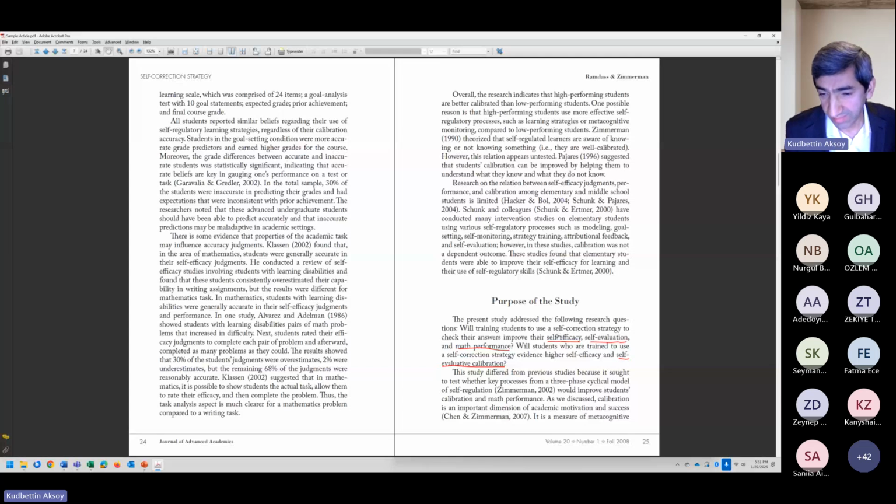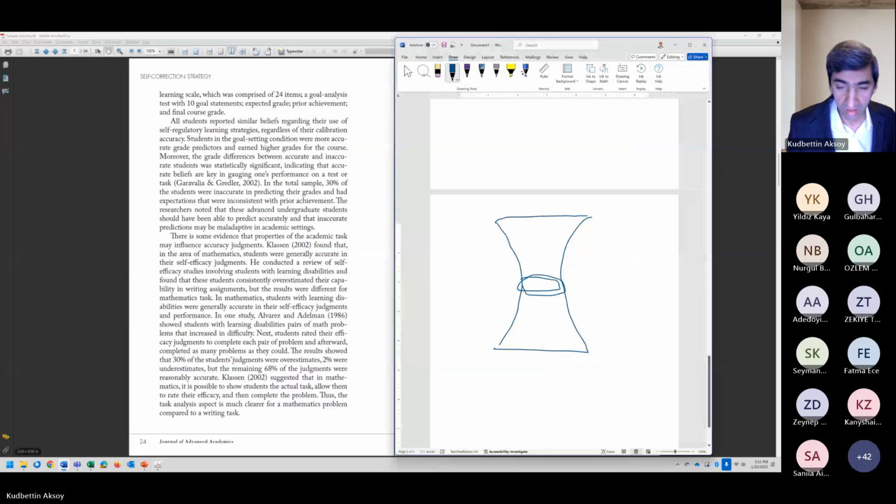I will focus on the purpose of the study. The purpose of the study is training students to use a self-correction strategy, check their answers, and improve their self-efficacy, self-evaluation, and method. Let's talk about it.